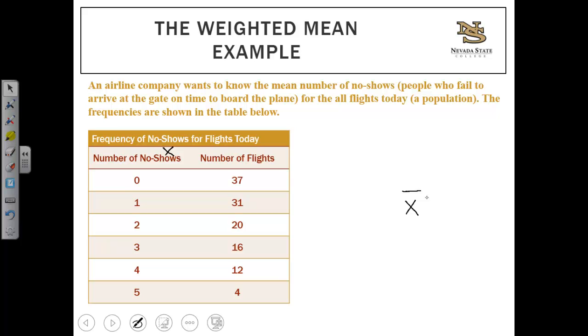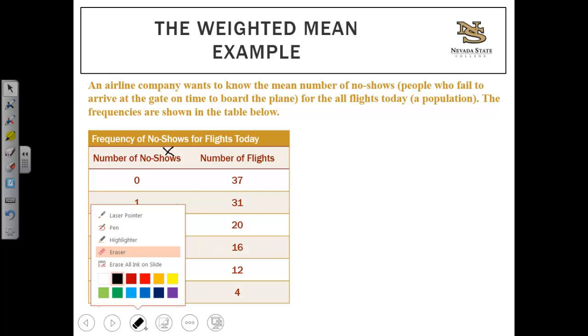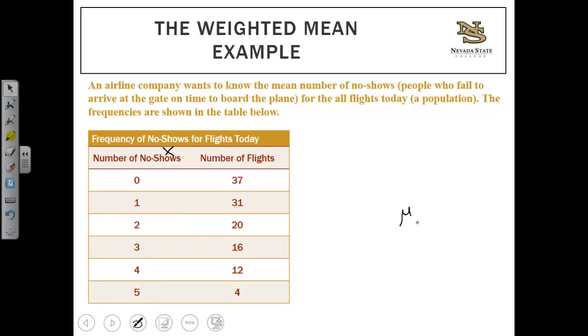So the way, again, that that's symbolized is with that weighted mean formula. I'm going to symbolize it using x bar because, well, no, I said we're working with the population. Let me make that mu with the W. So that is equal to the sum of each weight or frequency multiplied by its respective score or value in our data set, divided by the sum of all the weights or all the frequencies added together.